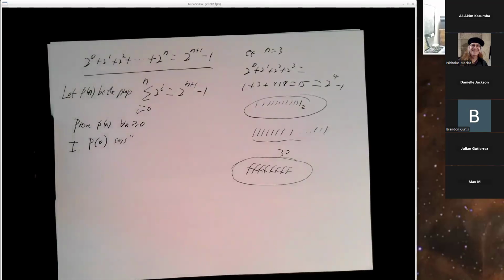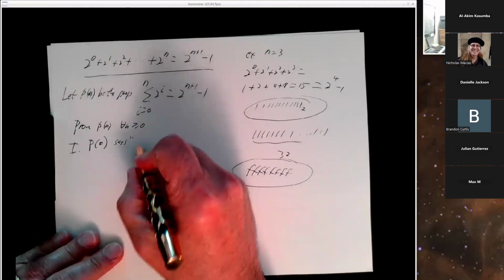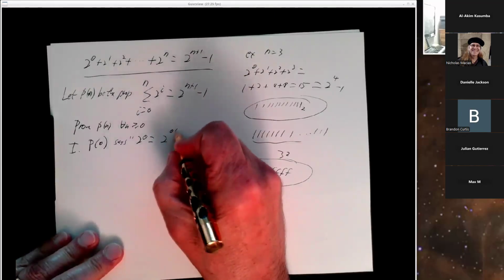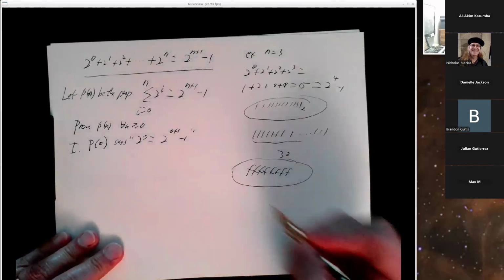And this is easier on a microphone than typing, I suspect. 2 to the 0 is 2 to the 1 minus 1. Perfect. Thank you. Basically, sum from 0 to 0, that's just 2 to the 0 equals 2 to the 0 plus 1 minus 1.